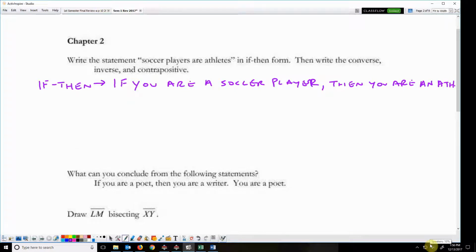Then write the converse. So the converse switches the if and the then. If you are an athlete, then you are a soccer player.